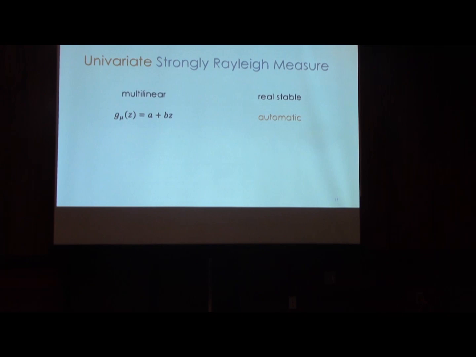So univariate strongly Rayleigh measures are very non-interesting because if you have a multilinear polynomial which is univariate, it's going to be real stable automatically. And the only strongly Rayleigh measures you get here just correspond to Bernoulli random variables.